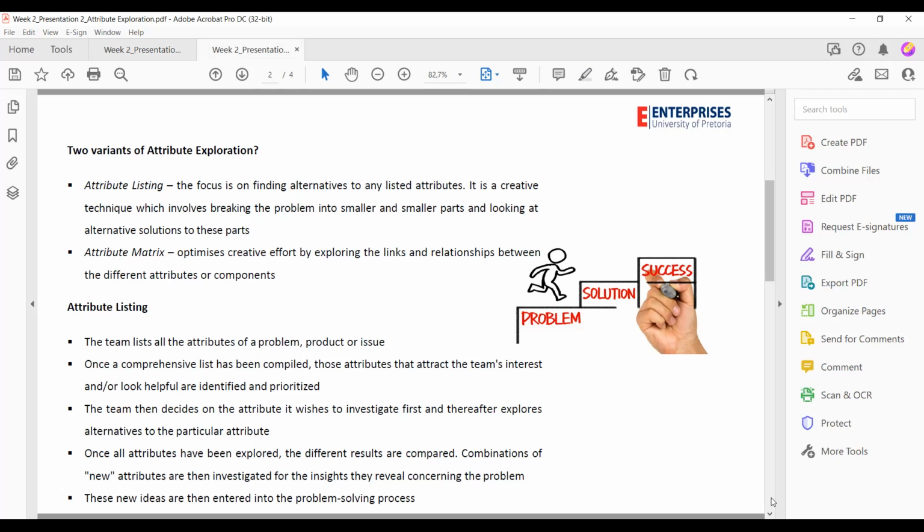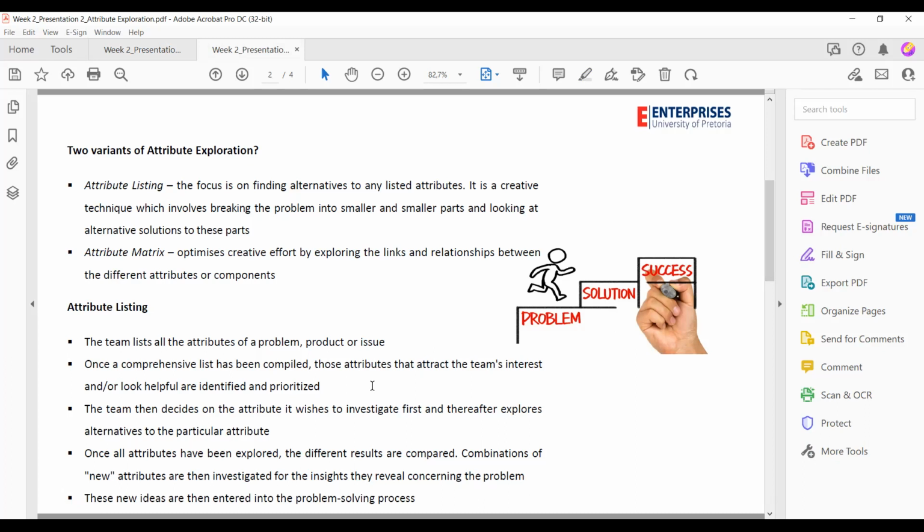I think in my example on the discussion board, I said the problem was time management. And when I listed the attributes, I think one of them was improvement on scheduling.